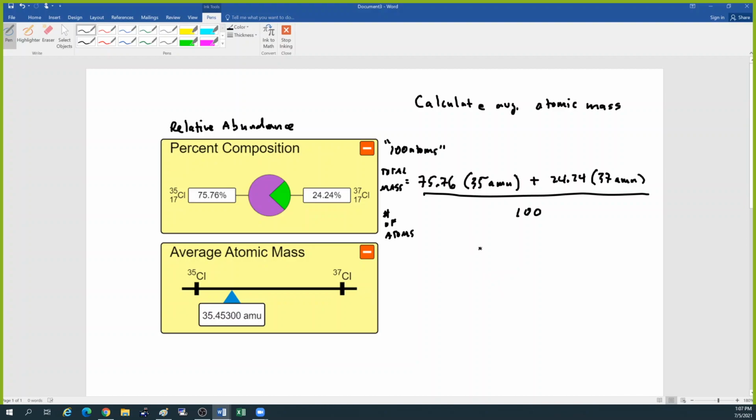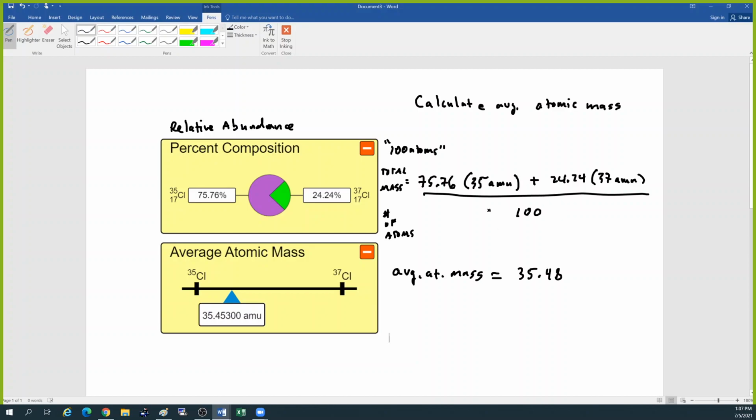So their numbers are not exact, but it's close enough to show the method. So the average atomic mass would come out to about 35.48-ish, right? Pretty close. The bottom line is the method.